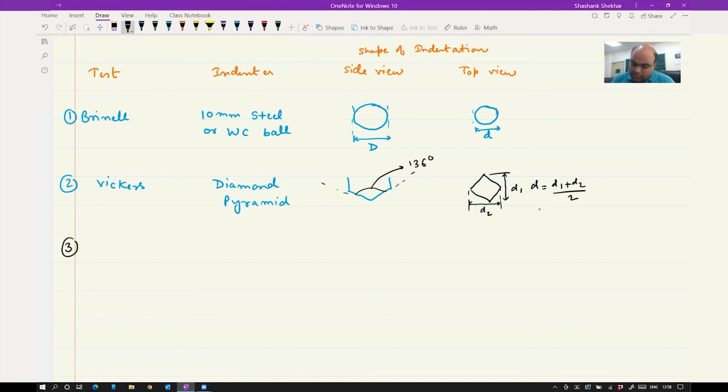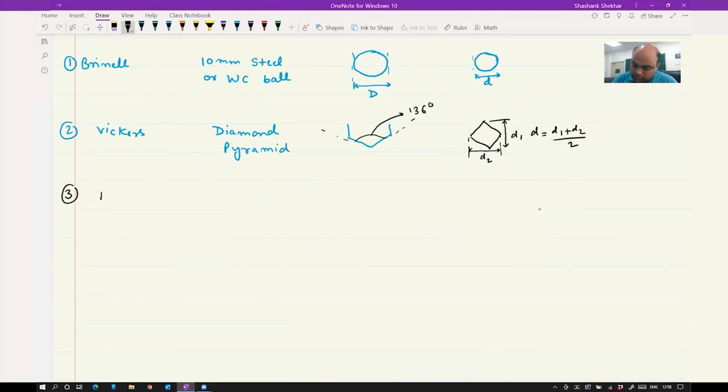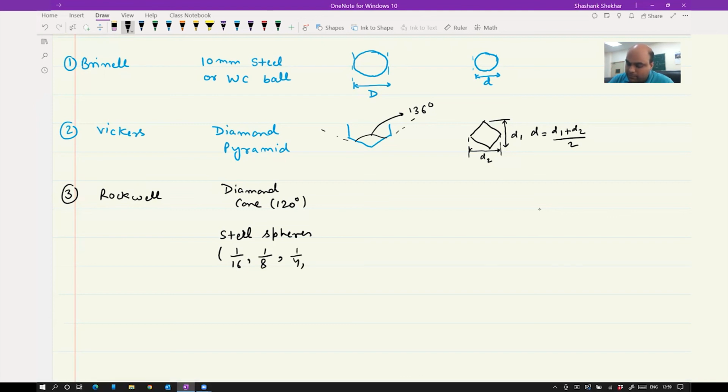Now the last is your Rockwell. Here we will use a diamond cone with a 120-degree angle, if you remember, or we can also use steel balls. The sizes of the steel balls or spheres are 1/16, 1/8, 1/4, and 1/2 inches.